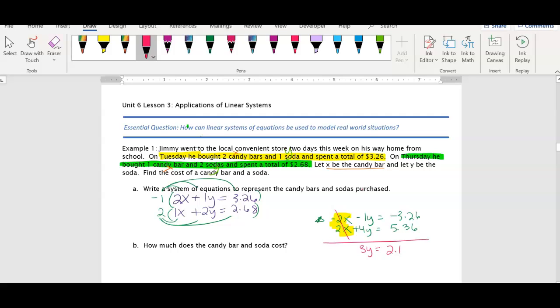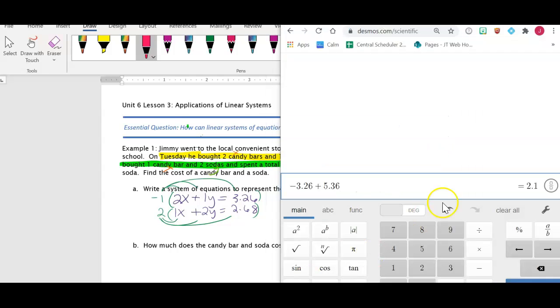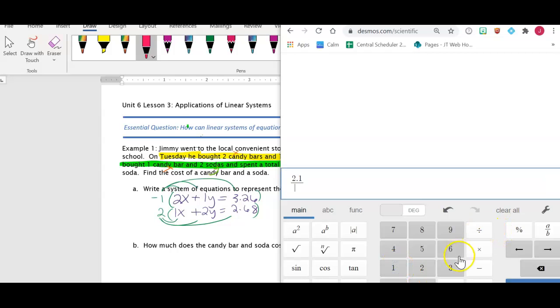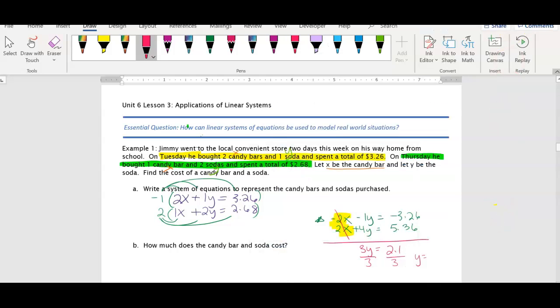My last step would be to divide each side by 3 to find out what my Y value is. So 2.1 divided by 3. And I get 0.7. In money terms, 0.7 means the same thing as 70 cents. So that's why I put the 0 there. So I've found one of my answers.